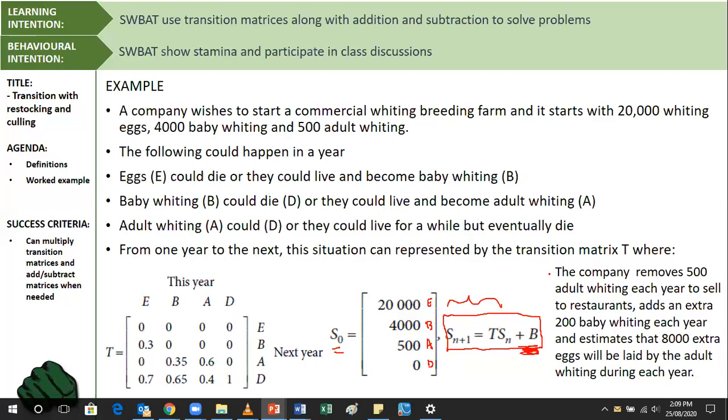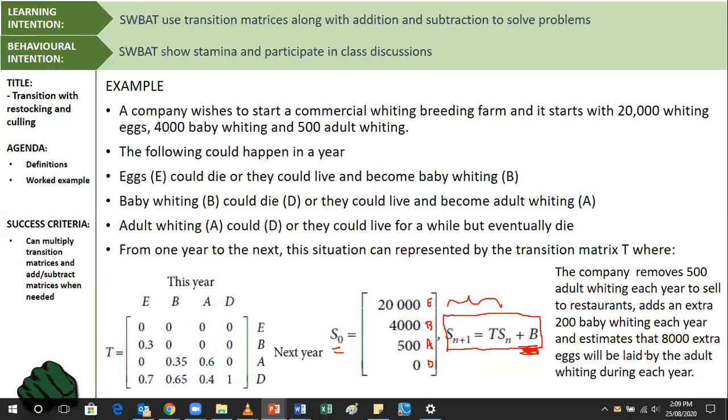It also adds that the company removes 500 adult whitings each year to sell to the restaurants, which is how they make profit. But it adds an extra 200 baby whitings each year, and estimates about 800 extra eggs will be laid by the adults during that year.